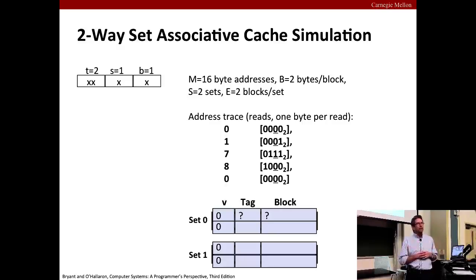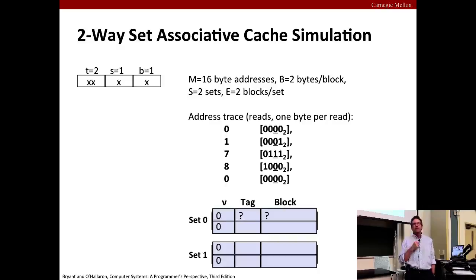So the number of lines per set is a fixed high-level design parameter, the size of the cache is a high-level design parameter, and then the number of sets is induced from those.